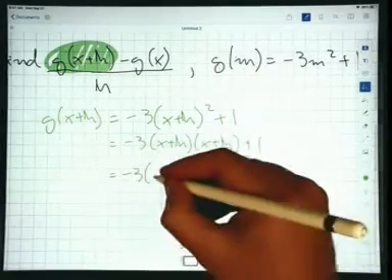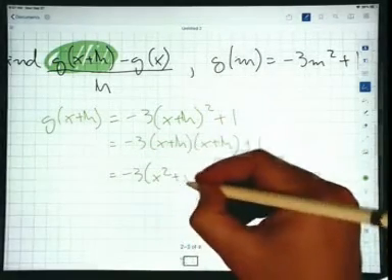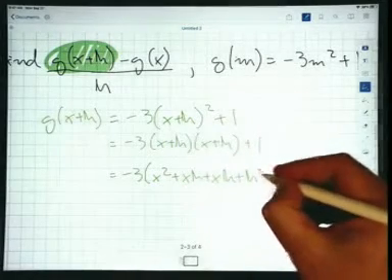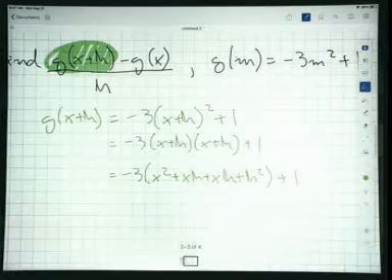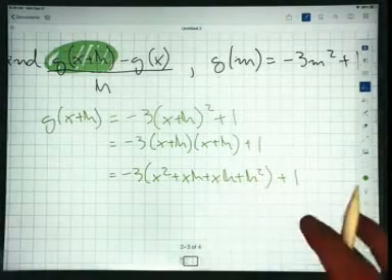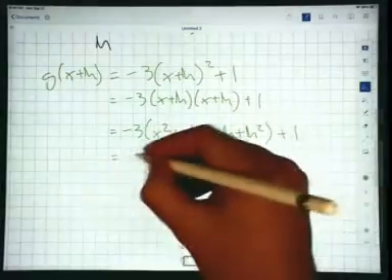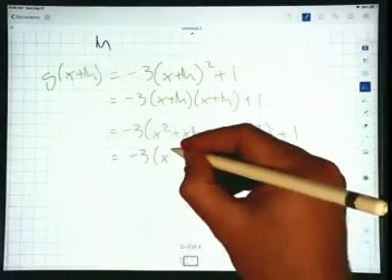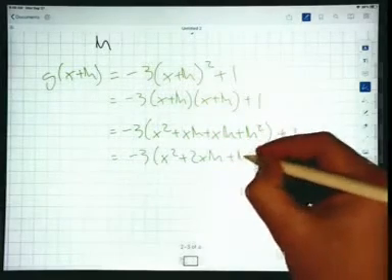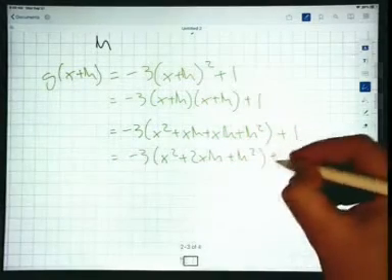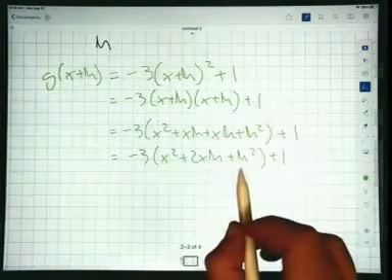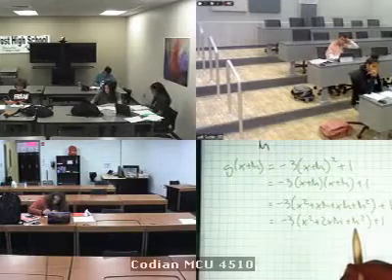I'll walk you through it. x squared plus xh plus xh plus h squared. That's what you get when you FOIL. And what happens with the two middle terms? They combine together to give you x squared plus 2xh plus h squared.